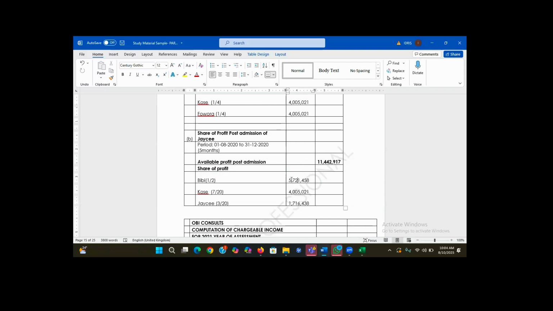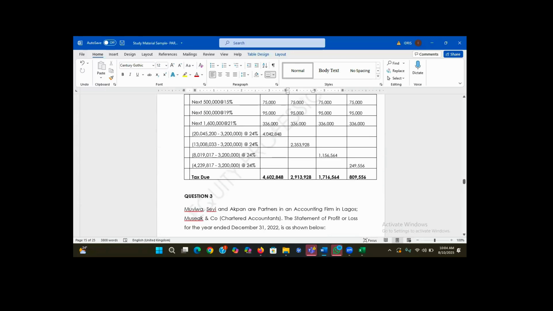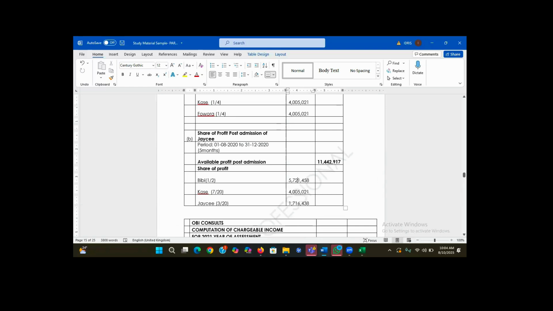Kose collects 7/20. That will give us 4,005,021. Then JC collects what? JC collects 3/20 share of profit.